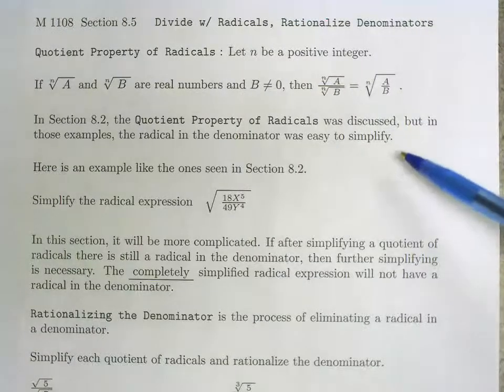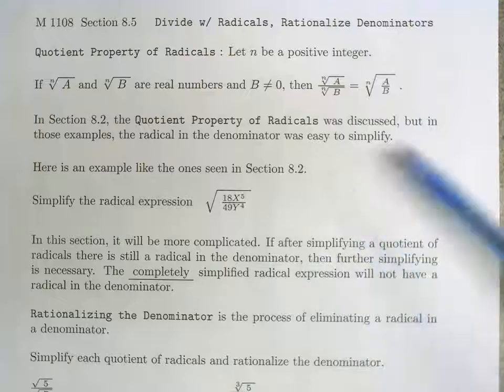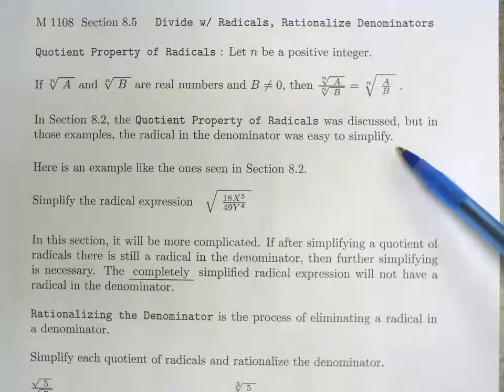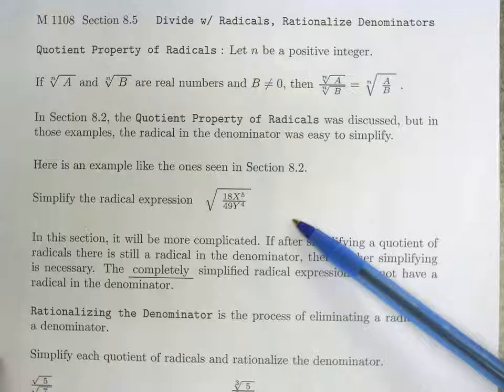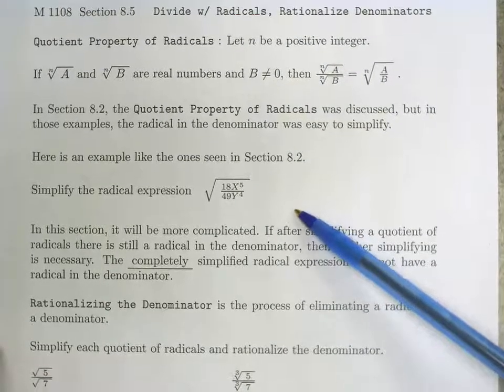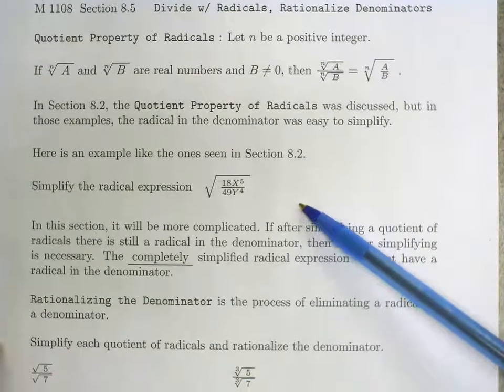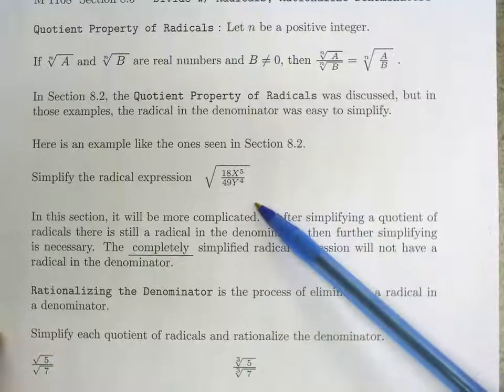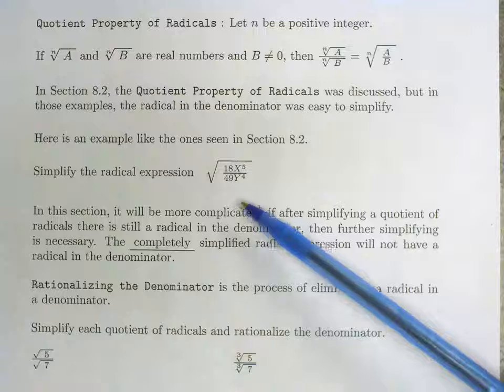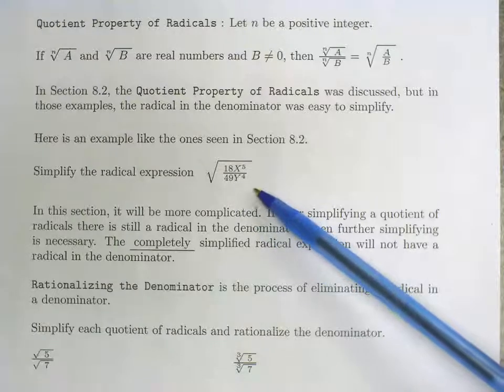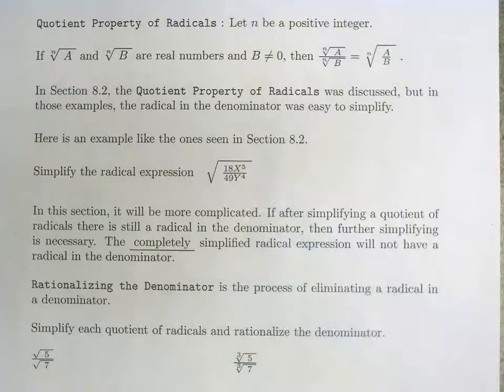But in that section, the examples simplified a lot easier. The radical in the denominator was easy to simplify. So we'll do one example like the ones that we saw in section 8.2. Simplify the radical expression: the square root of 18x to the 5th over 49y to the 4th.